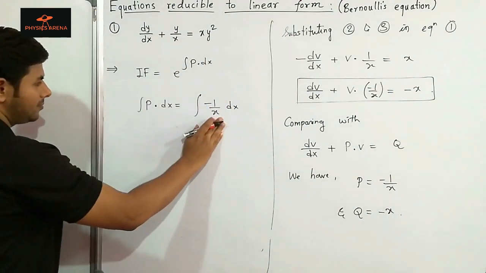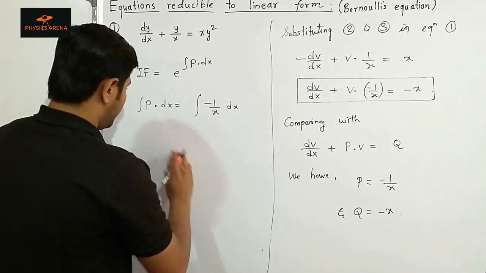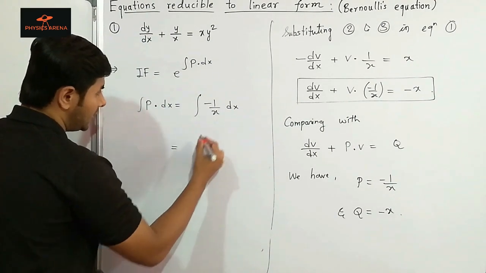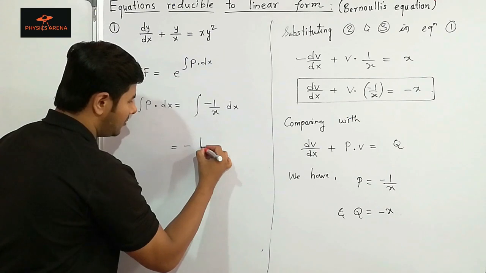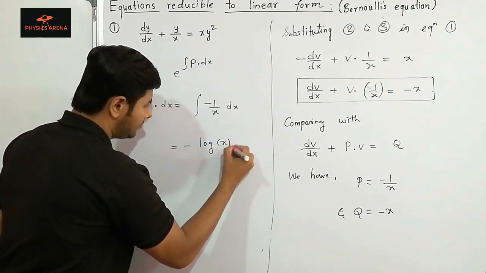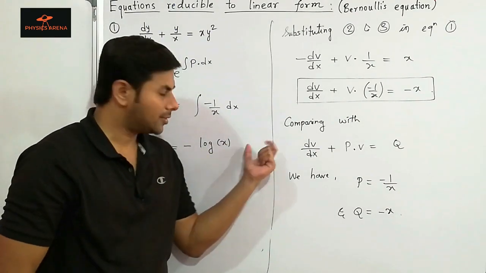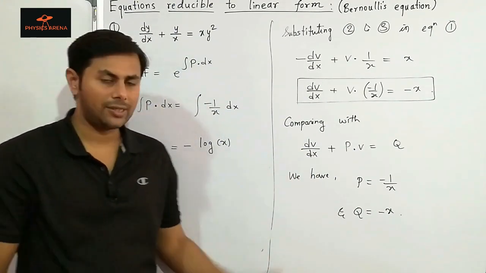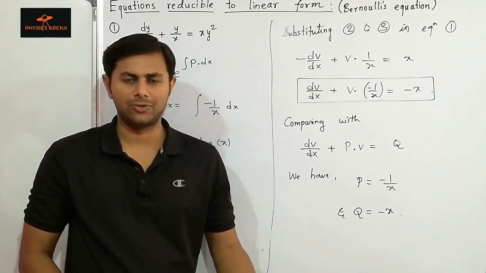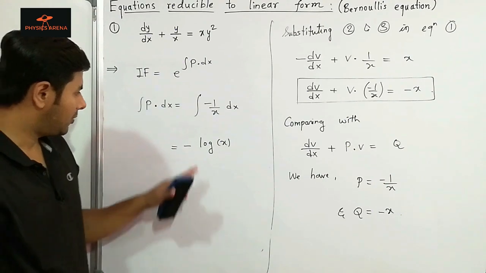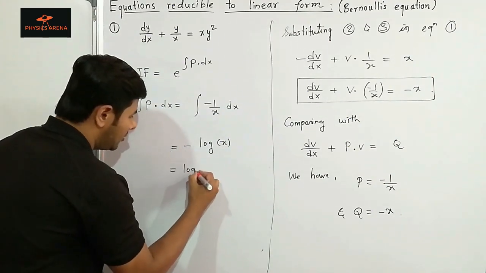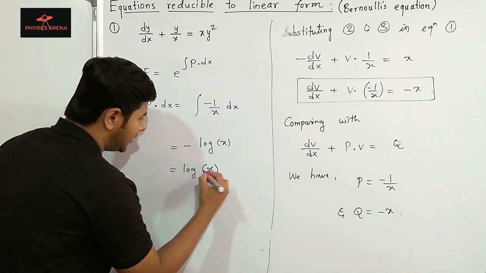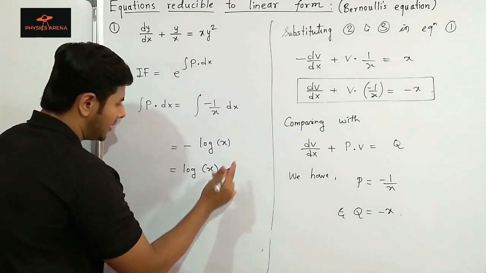Now if we take the minus sign outside, this integral is minus of log x plus the constant of integration, which we set equal to 0. So we have minus of log of x, that is log of x raised to minus 1, we'll take here.